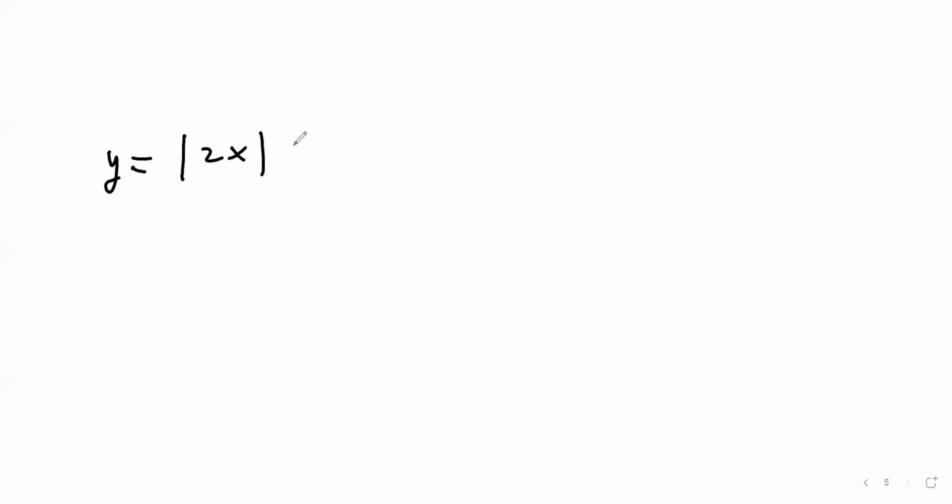If I pick a point on the parent function, because remember we said that you can pick a point, let's say if x is 1, then the y value will be 1. So this is (1, 1). And then if you plug it into this function, then it will be (1, 2).